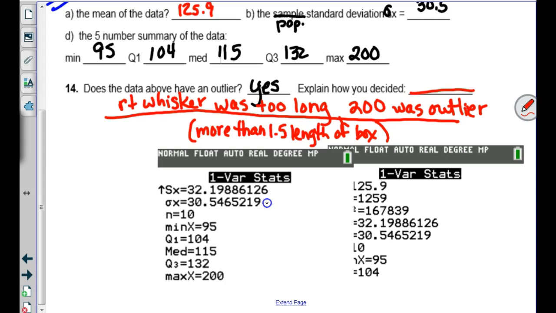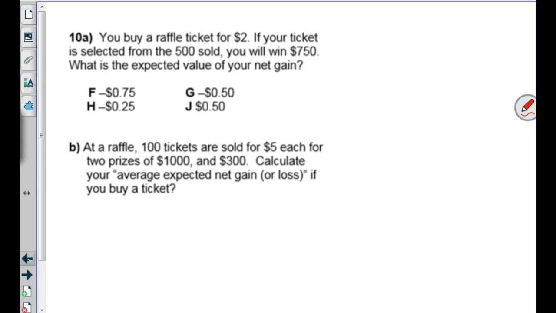Okay. I'm nervous about expected value. Anybody else nervous about expected value? We skipped those. 10 and 11? Or 10 A and B?